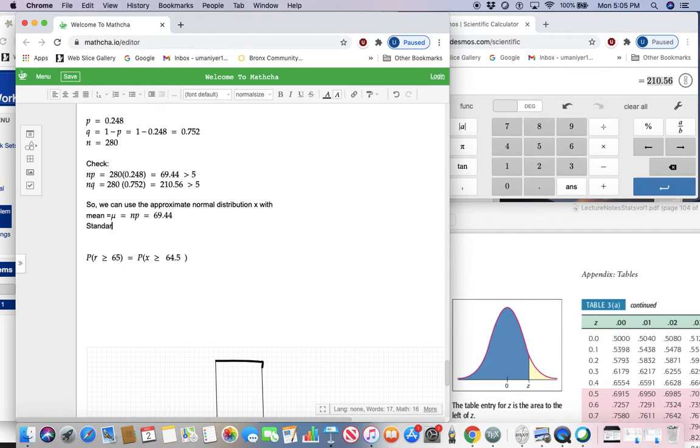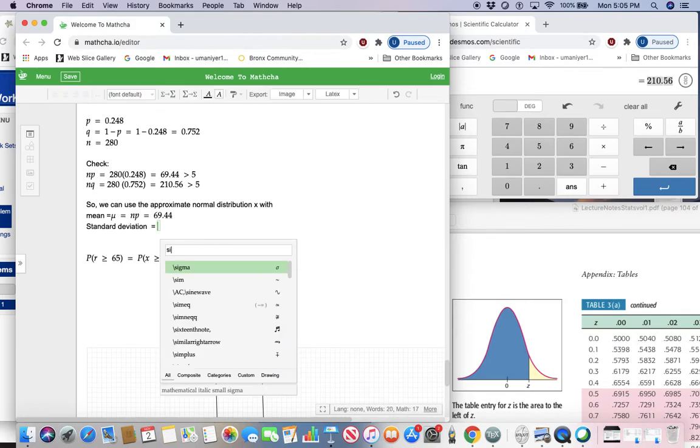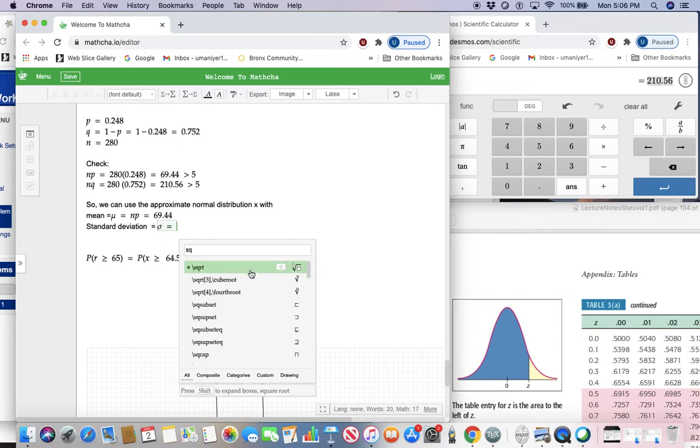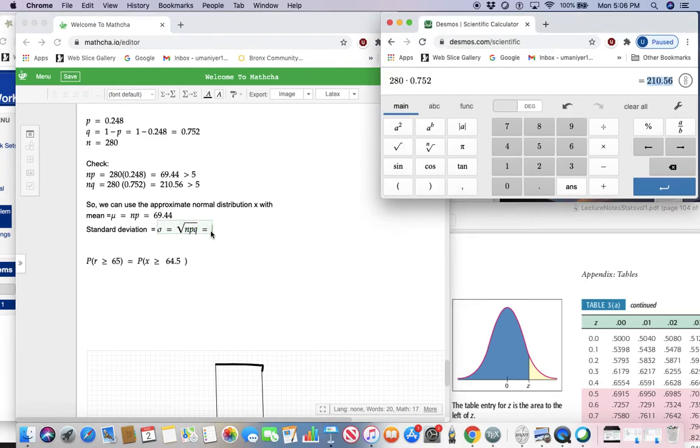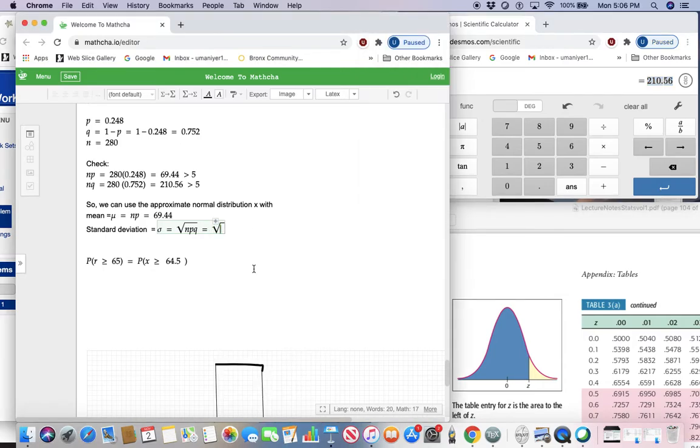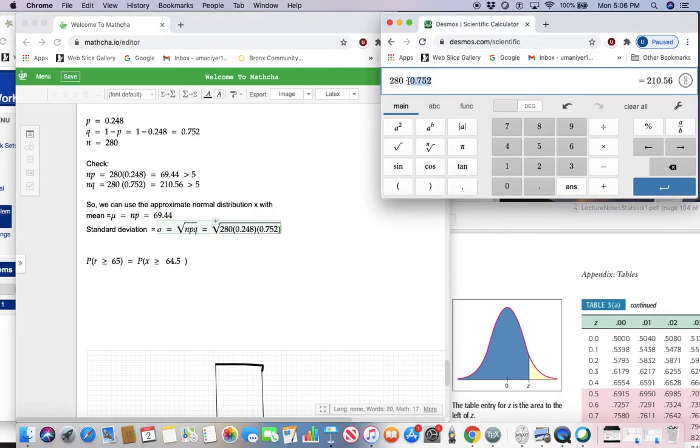And the standard deviation is sigma, that is the square root of npq, which is the square root of 280 times 0.248 times 0.752. So that is your standard deviation.